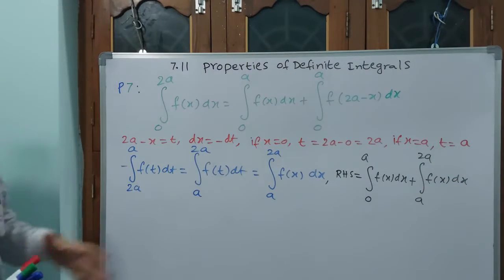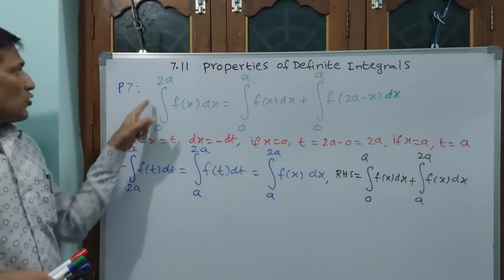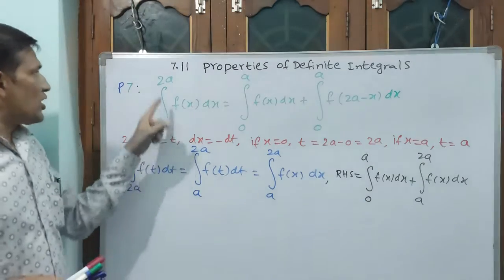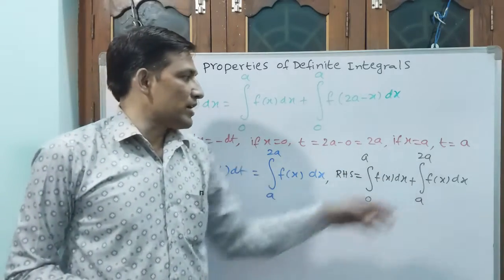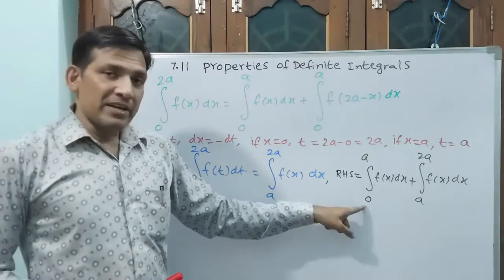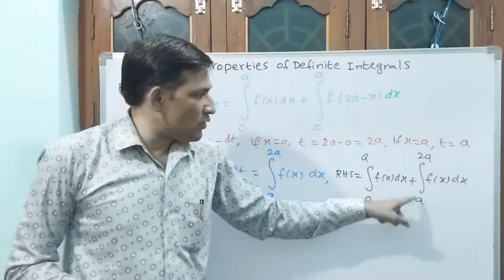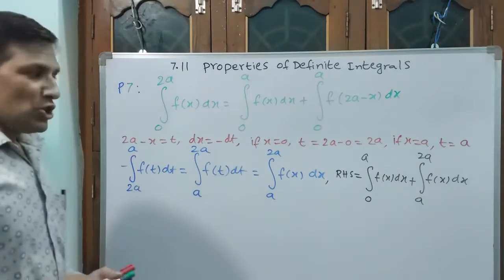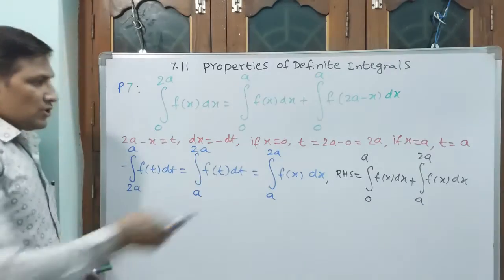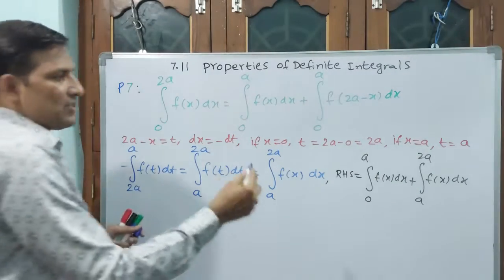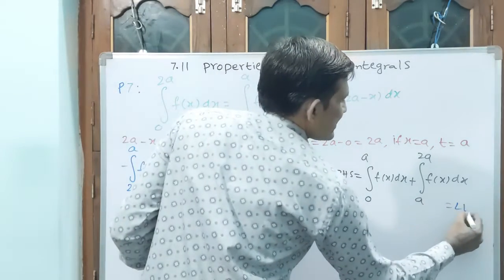See, come back again to the LHS. 0 to 2a means 0 to a, again a to 2a. f of x dx is the same. 0 to a f of x plus a to 2a. That means the interval is between 0 to a, again from a to 2a. This property we have already seen earlier. Based on that property, you can say directly that the RHS is equal to the LHS.